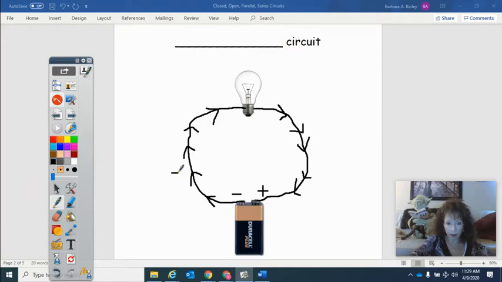So again, we have our negative electrons flowing. Okay. And this, because it makes a complete loop or circuit, is called a closed circuit.